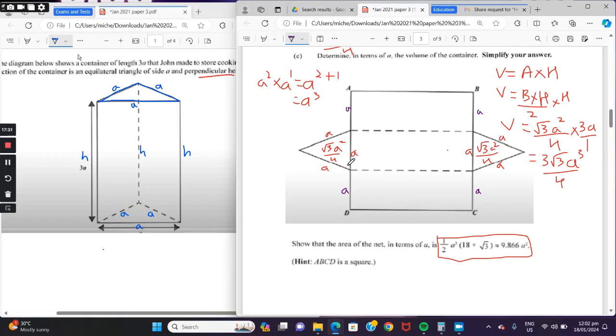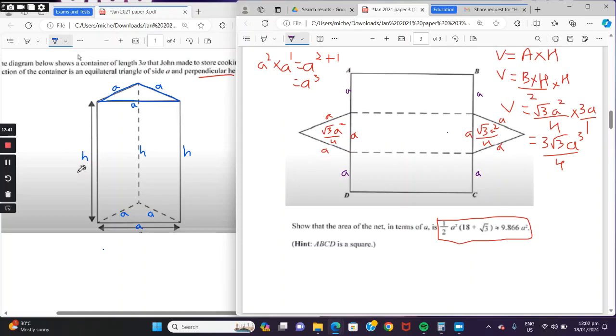So all these three, from here to here's A, here to here's A, here to here's E. And it did give us the height. The height is 3A, so all the lengths will be 3A, and there is going to be 3A, okay.